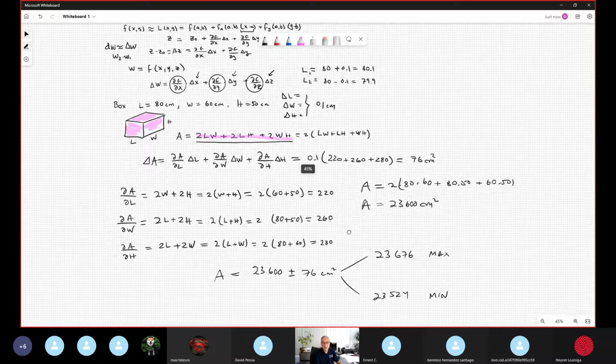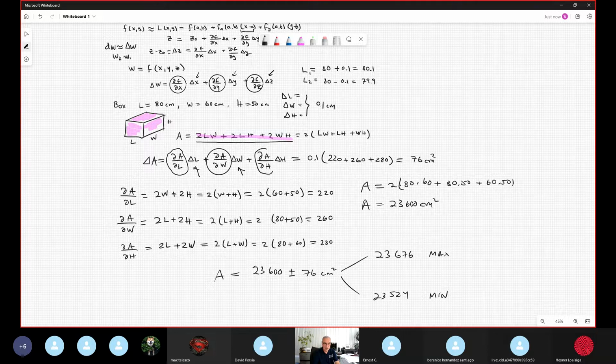Either way, guys, you can do it without calculus, using just arithmetic. For each dimension you compute the maximum and minimum, you put them in the formula, and you compute the maximum and minimum area. However, the magic of calculus is that you use the total differential formula. The partial derivatives indicate the weight with which the error propagates in the formula.